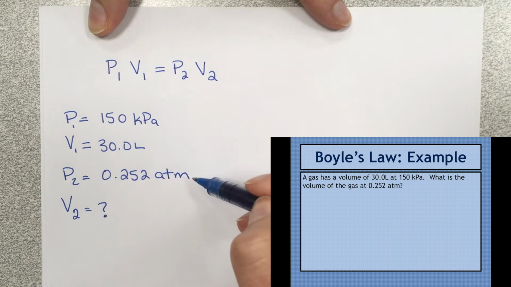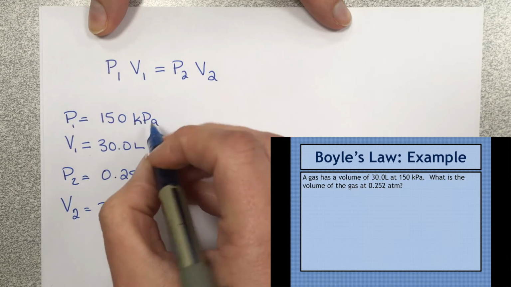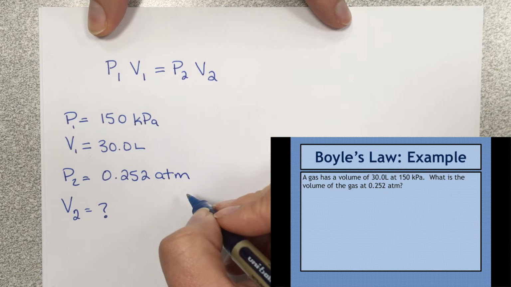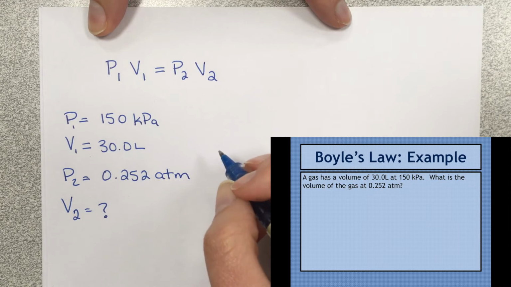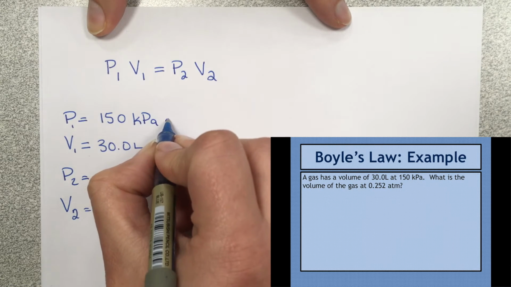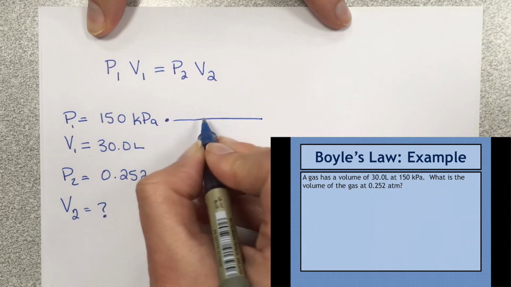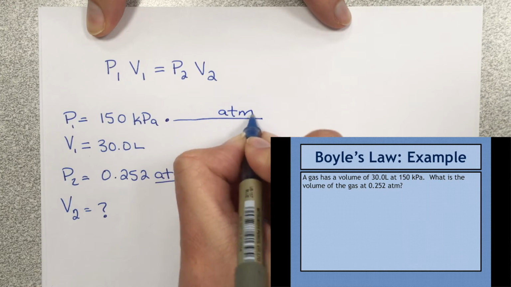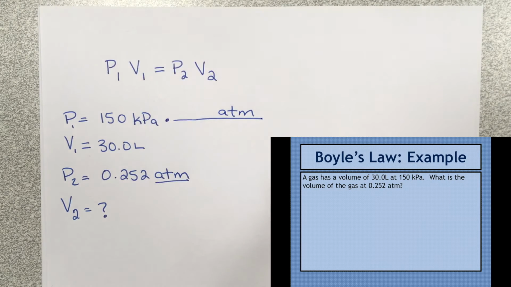Unfortunately, they didn't give us the exact same units for pressure, so we need to convert. The question is asking for volume of gas in atmospheres, so we might as well save time and convert this to atmospheres. I always use dimensional analysis; use whatever you're comfortable with.